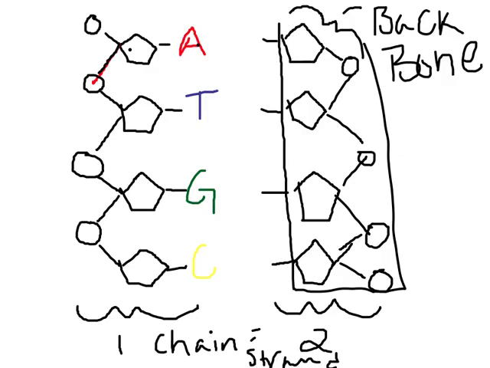It's this repeating phosphate sugar segment that you're seeing. So here's a phosphate, there's a sugar, phosphate sugar, phosphate sugar, phosphate sugar. And DNA has another backbone on this side as well, this repeating phosphate sugar backbone. Because you have two chains, you have two backbones in DNA.